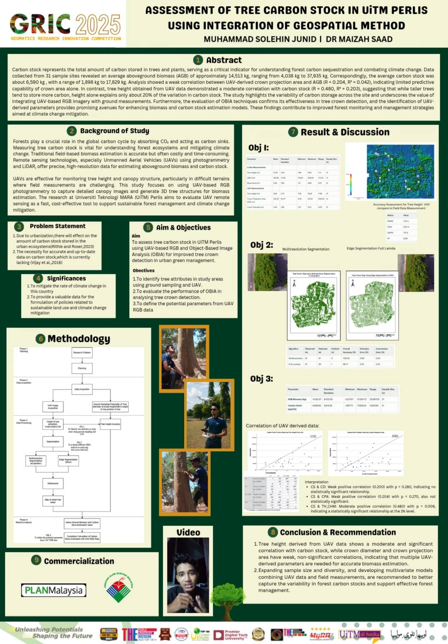As we know, traditional field-based biomass estimation is absolutely accurate, but often costly and time-consuming. Remote sensing technologies, especially the unmanned aerial vehicle, or UAV, using photogrammetry, RGB, and LiDAR, offer precise, high-resolution data for estimating above-ground biomass and carbon stock.